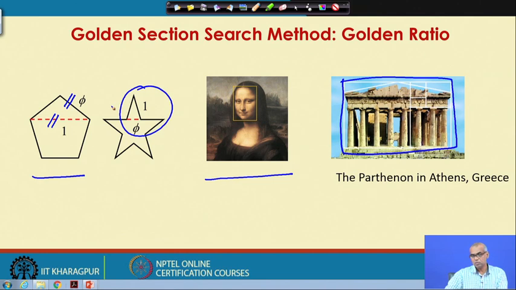So, this was known for quite some time, and it has been used in several architecture and such figures, and it is known to have its aesthetic values.